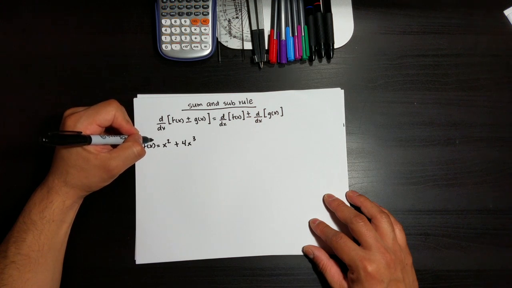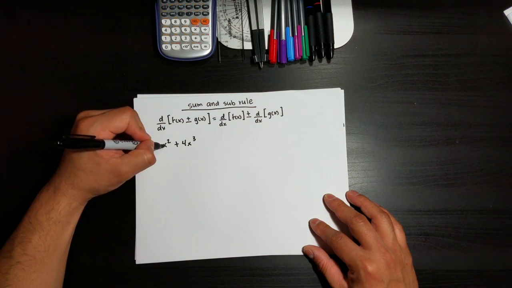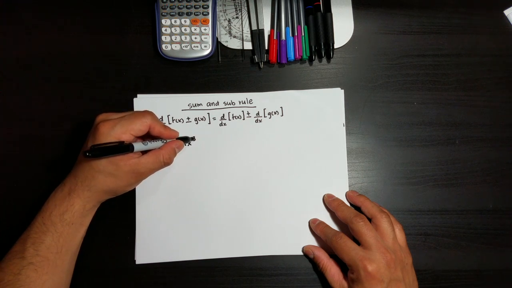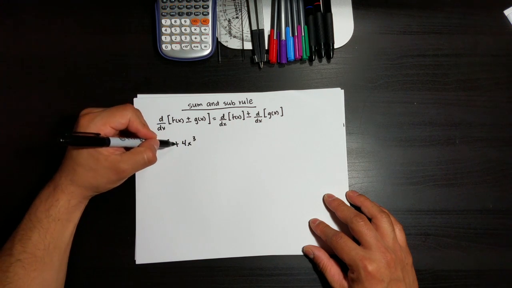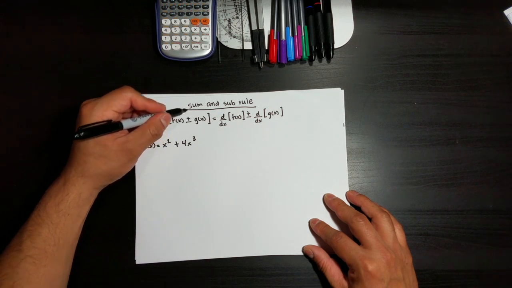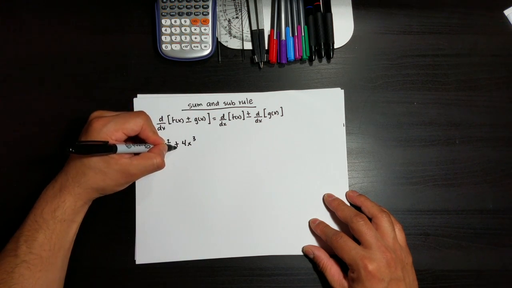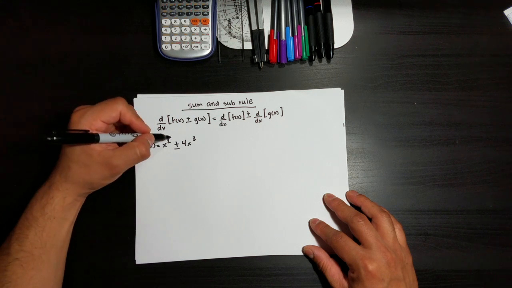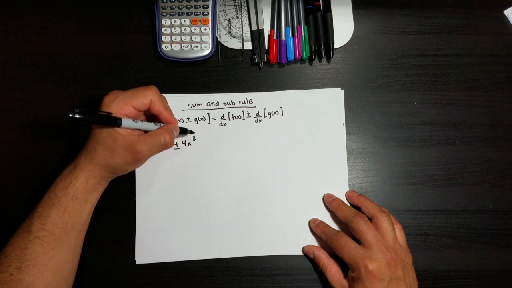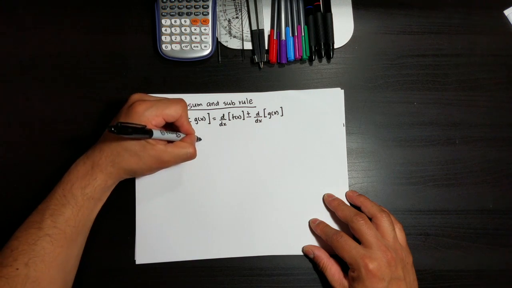Okay, if you're asked to get the derivative of f of x equals x squared plus 4x to the third power, notice that the plus could be a plus or minus. That's what the rule says. So it doesn't matter if this was a minus or a plus, right? If we break it down to what the rule says, it'll look something like this.